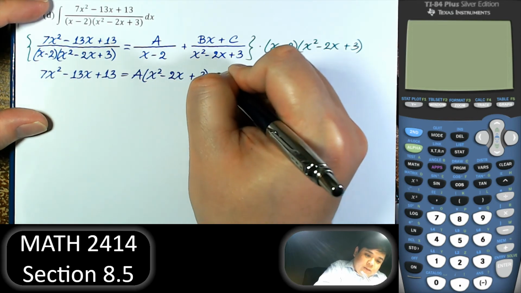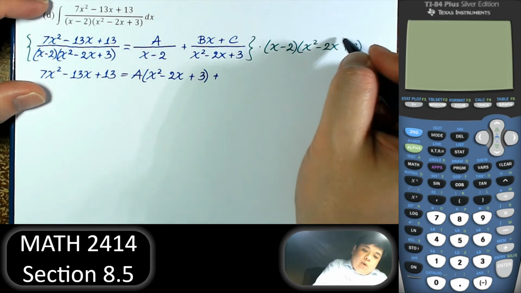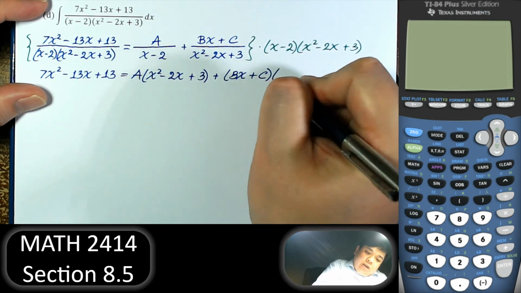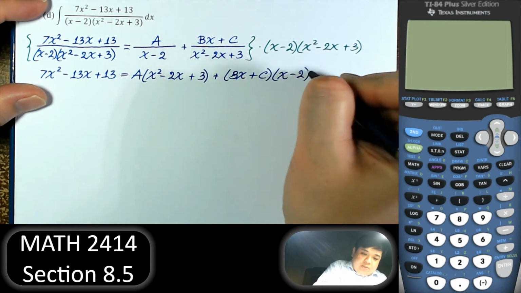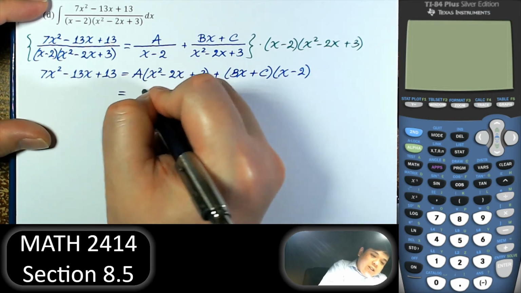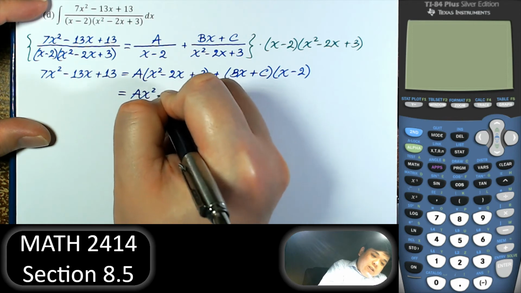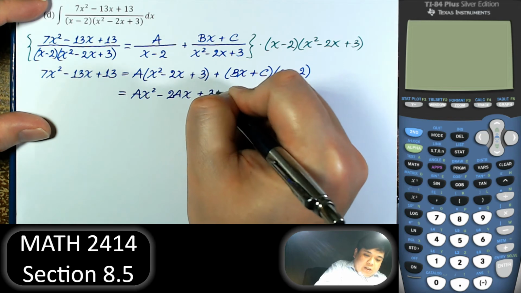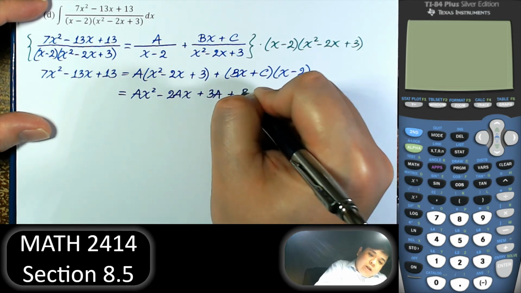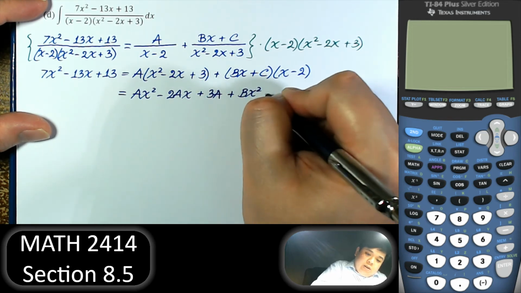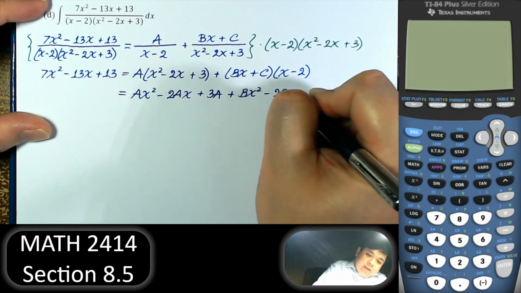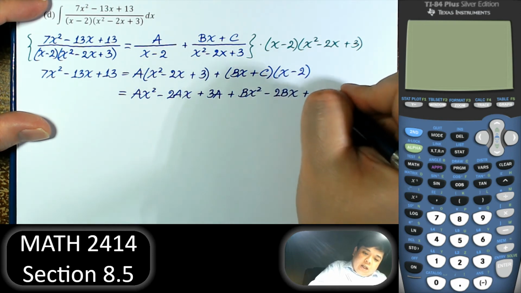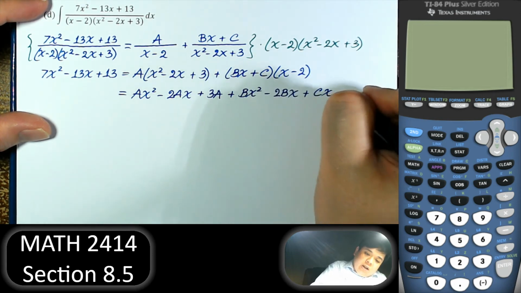And then when we cancel that out, we have x minus 2 left. Multiply it out. Ax squared minus 2ax plus 3a plus bx squared minus 2bx plus cx minus 2c.